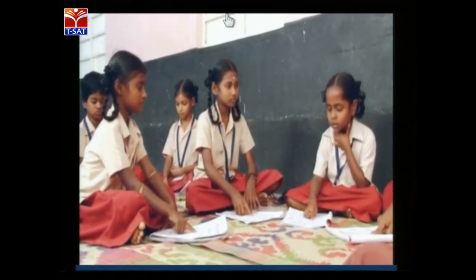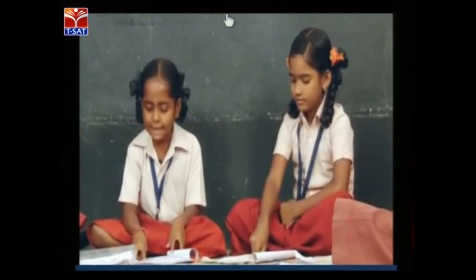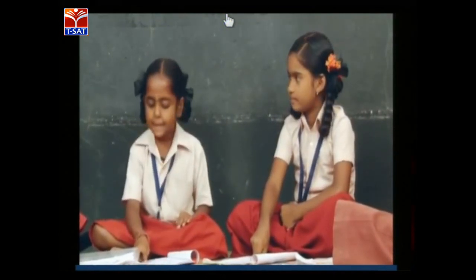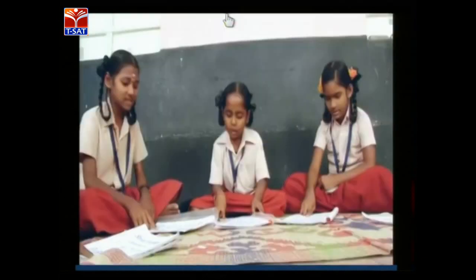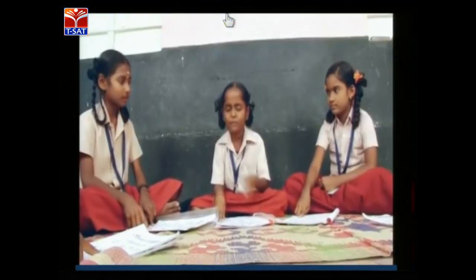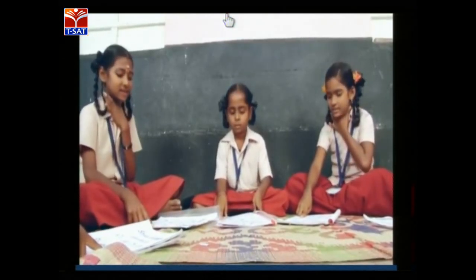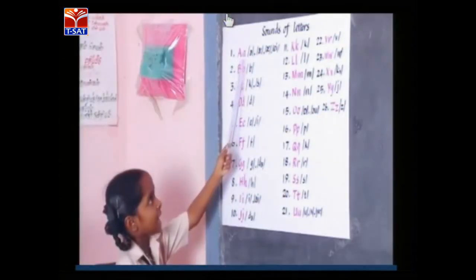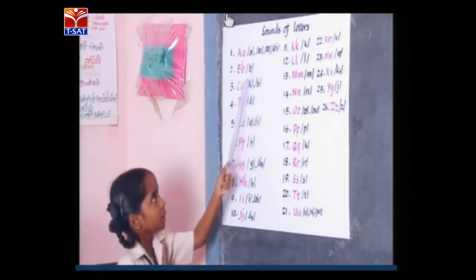G, g, g. Repeat. G, g, g. Next. S myself. S, s, s. Repeat. S, s, s. Next. Z myself. Z, z, z. Repeat. A sound says a, e. A sound says a, e.